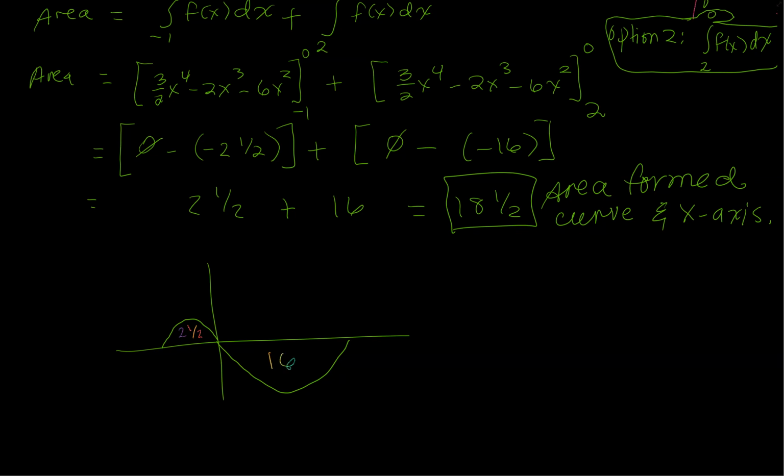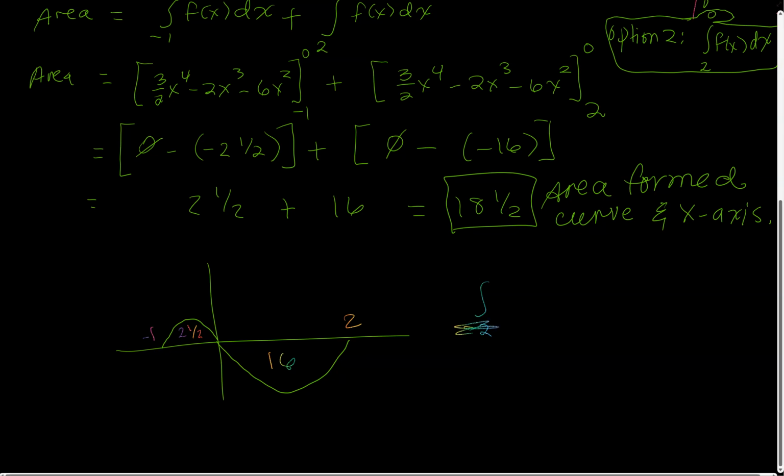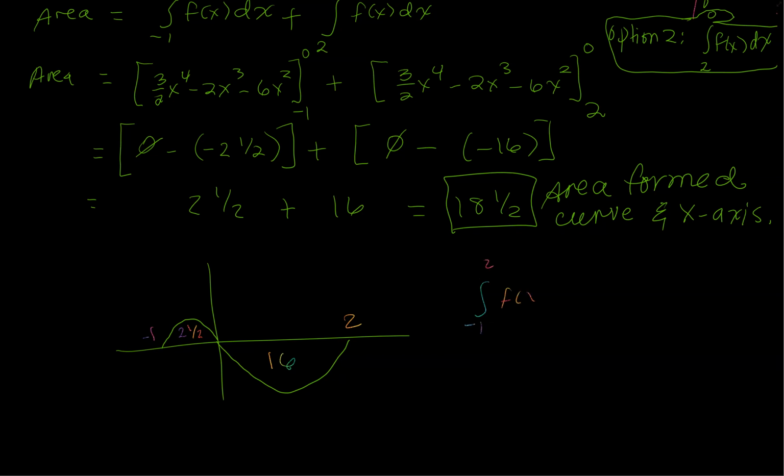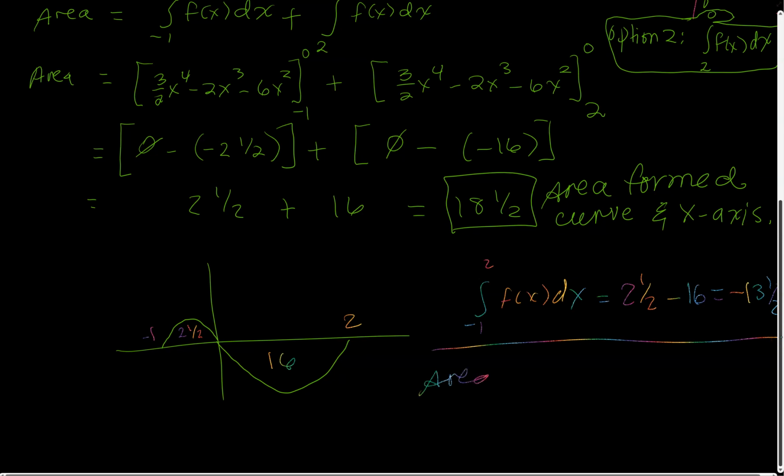So if you look at that, the integral from -1 to 2 of f of x dx is the net area, where the positive part is 2.5 and the negative part is -16. So the net area is -13.5. That's the integral. Whereas the area formed is going to be 2.5 plus 16, and that is 18.5.